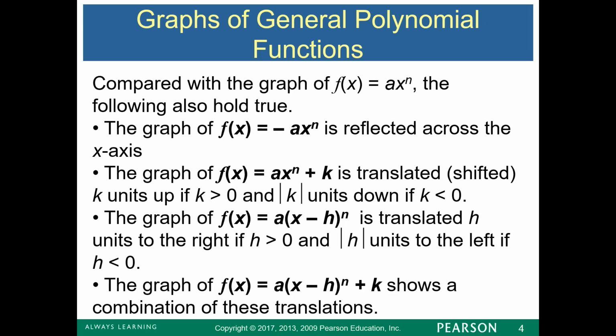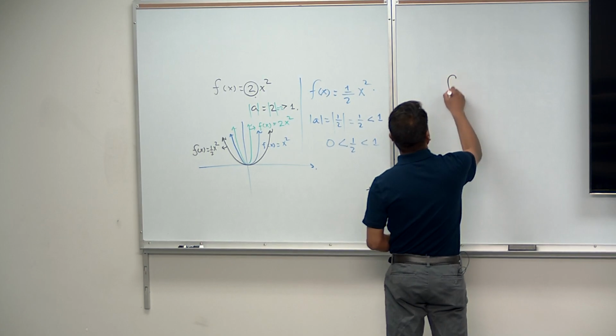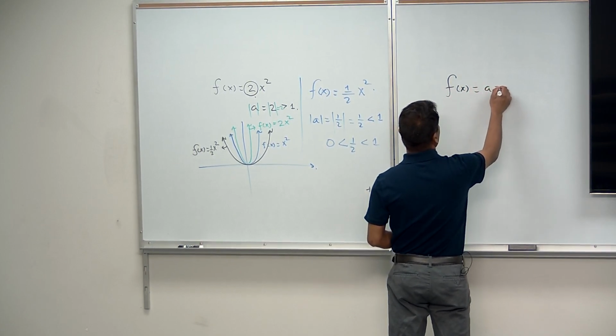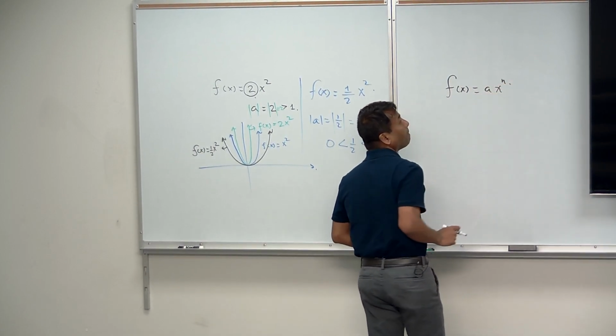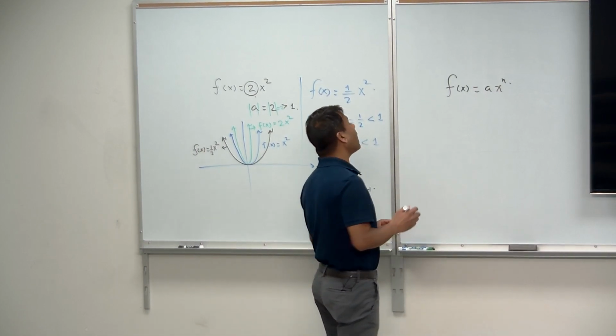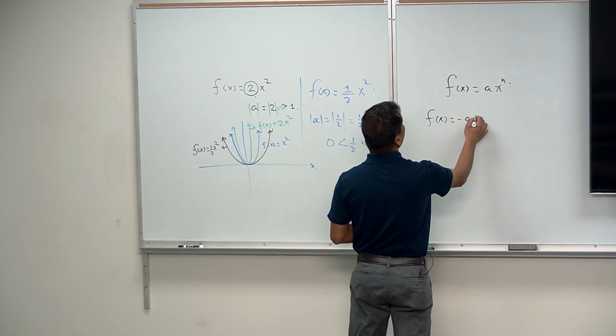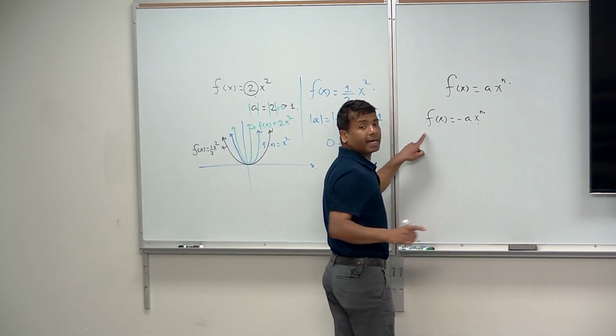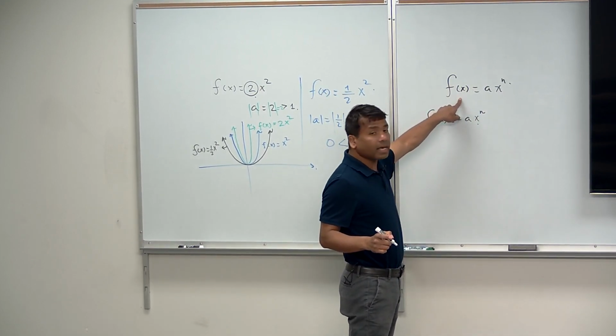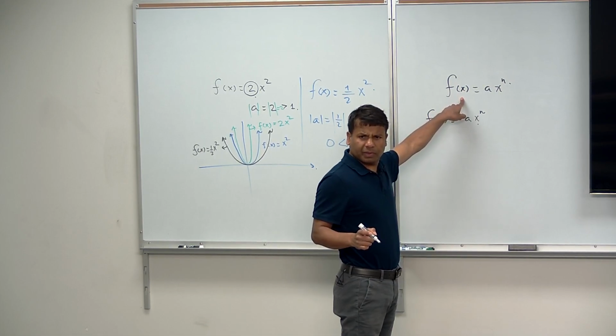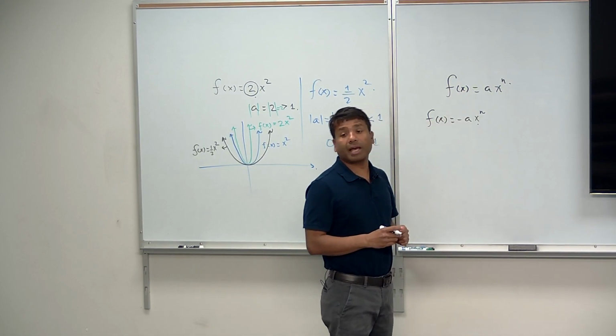But when you generalize, then you have a function f(x) = ax raised to the power n. Now the graph of f(x) = negative ax to the power n, this is the what? Reflection of this graph across the x-axis.